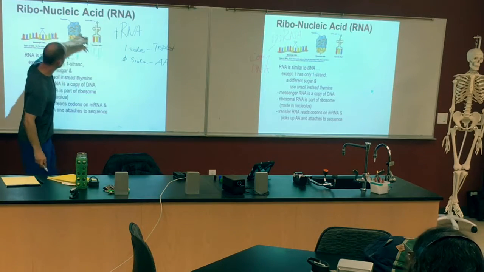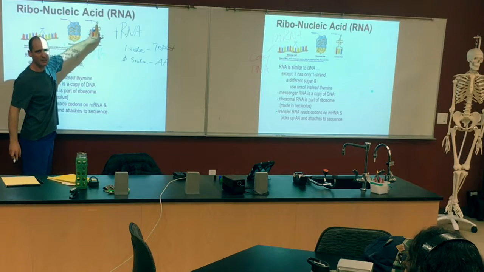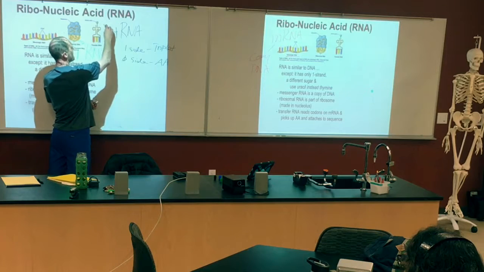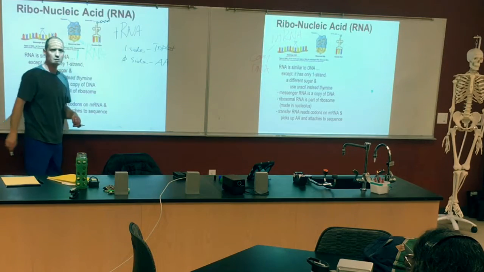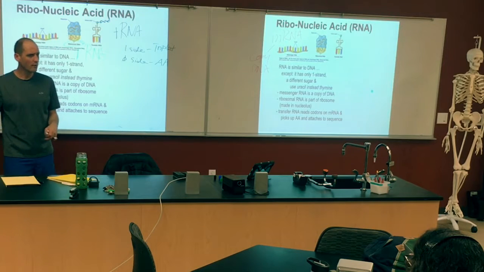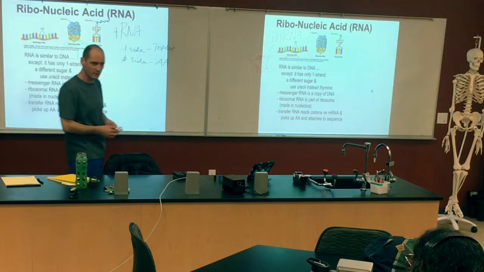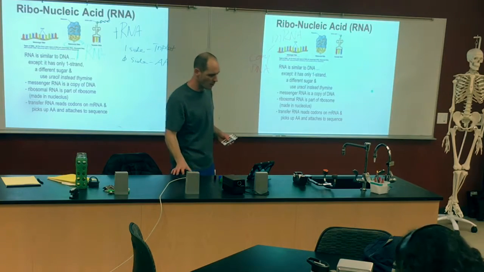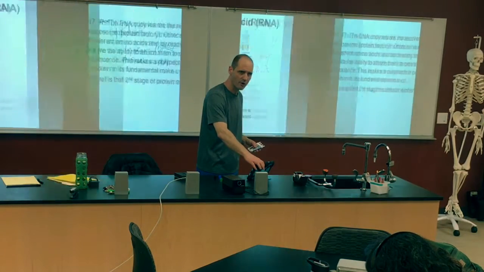And so it attaches on the bottom, it reads the codons, and on the top it drags in an amino acid. And then when they come in next to one another, the amino acids just end up being a bead chain that comes out at the end. And that amino acid chain is the fundamental structure of the protein. And so from there, everything comes from there. So 3 types of RNA.